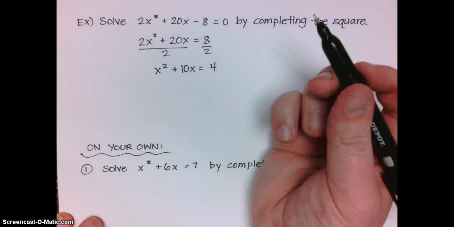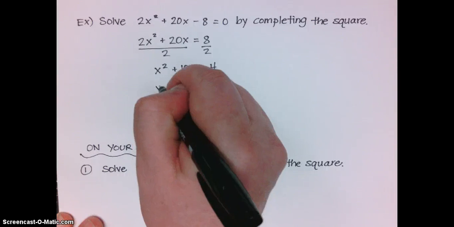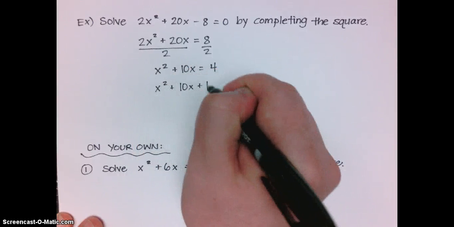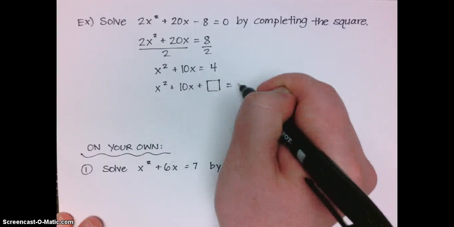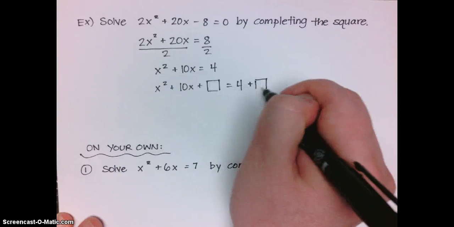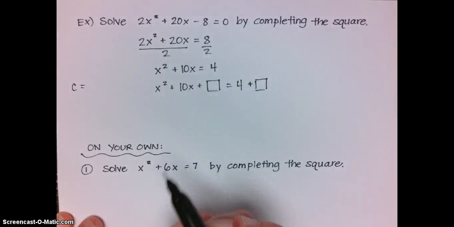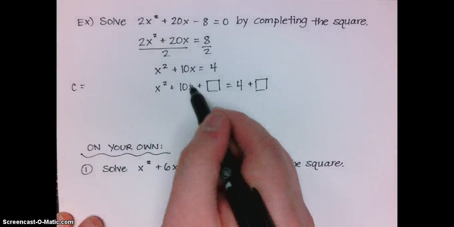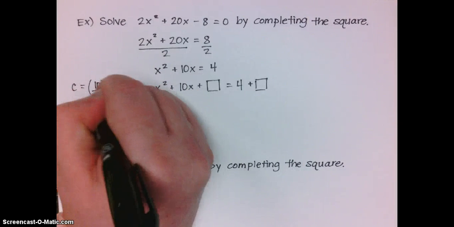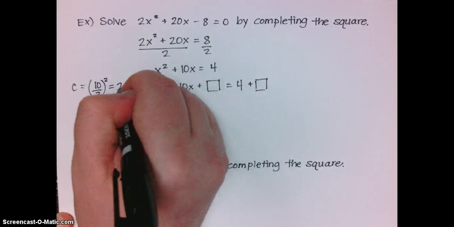Awesome. Now I'm going to complete the square, which means I'm going to add that specific constant. So we need to figure out what we're going to add in my box, that's equal to 4 plus that same constant on the right-hand side. So let's figure it out. C is going to be equal to taking my middle number, this time it's 10, dividing it by 2, and squaring it. 10 divided by 2 is 5, and 5 squared is 25.